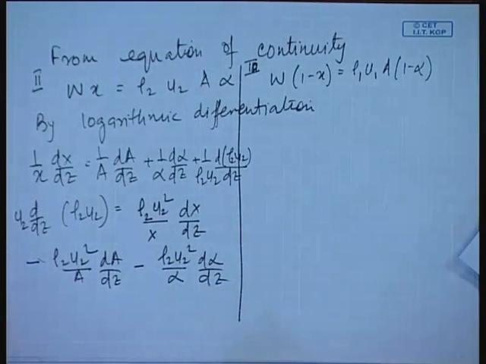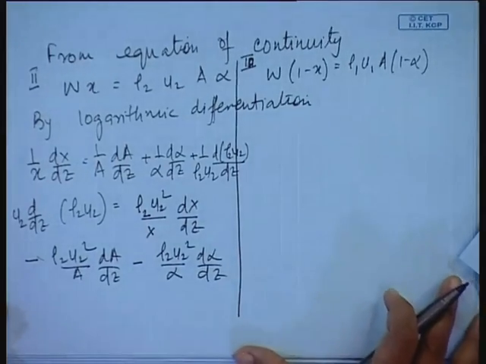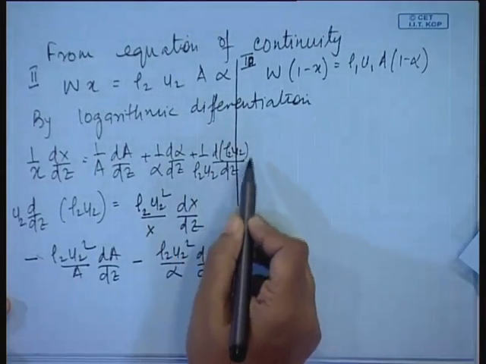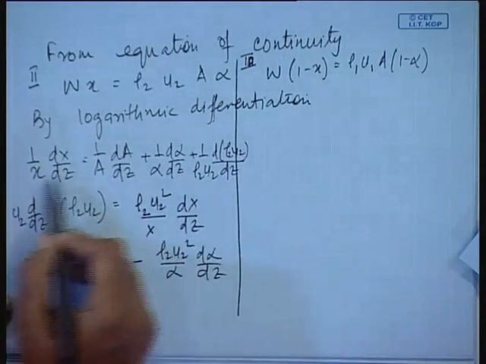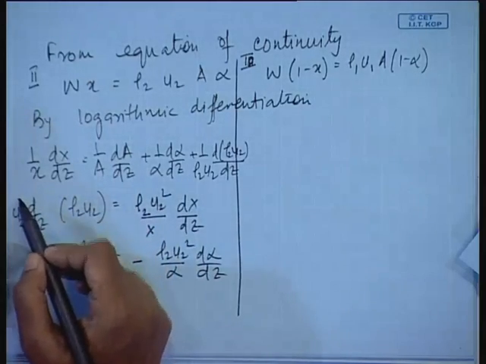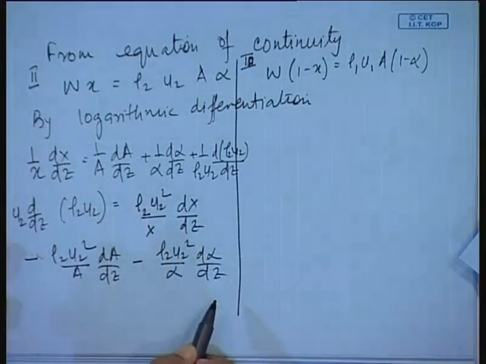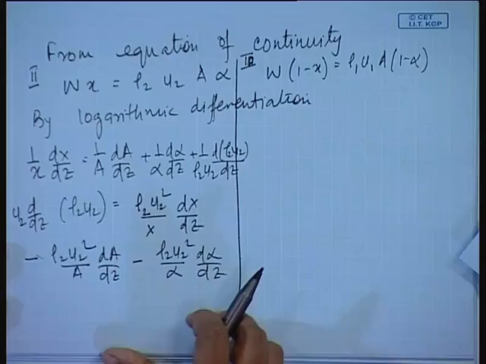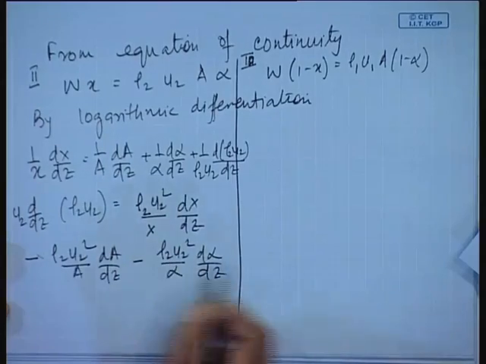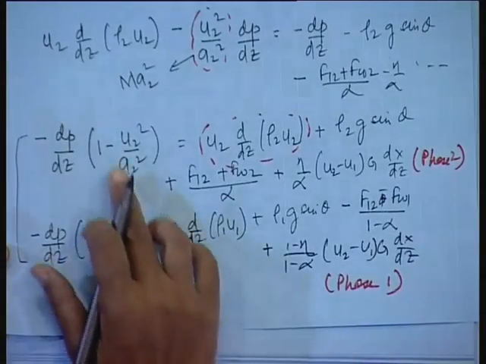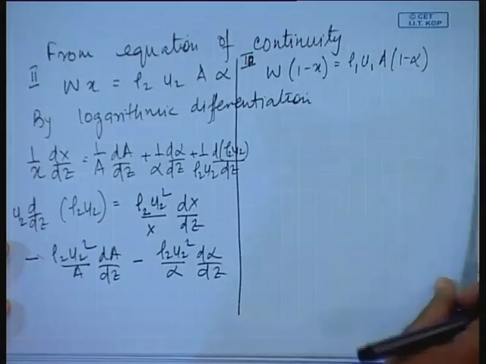Yes or no? Please follow the derivation carefully. I have simply substituted this, and accordingly I have brought the other things to the left hand side. I have got this particular equation. Agreed?